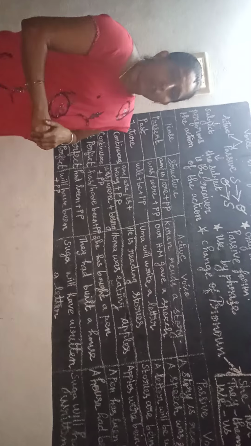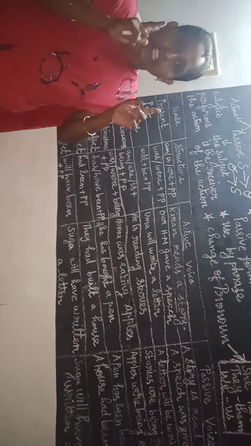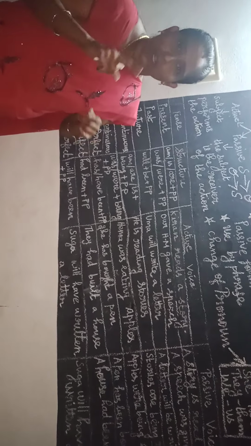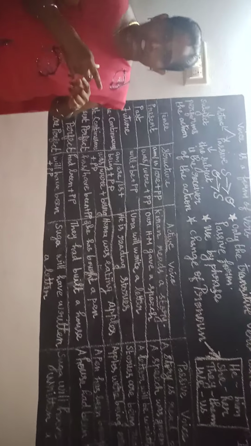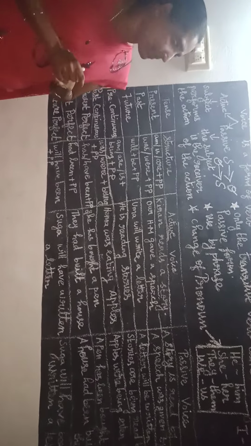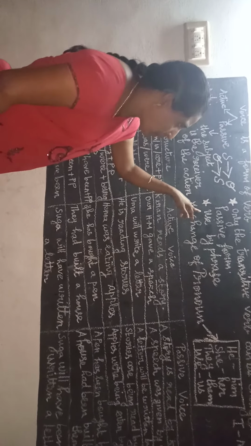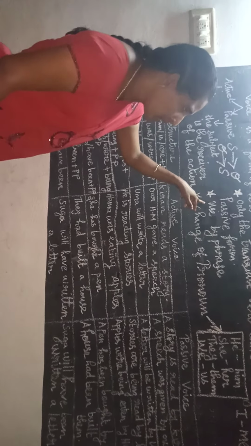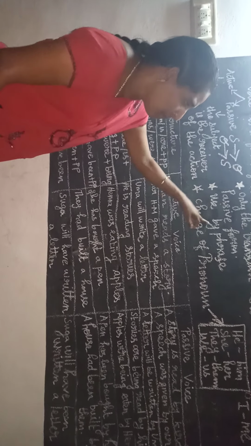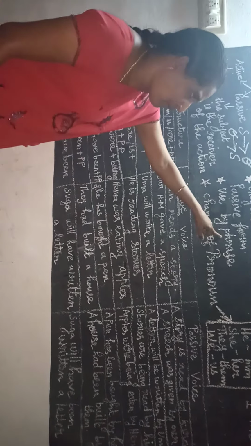Also, there should be no change in the tense while changing the active voice into passive voice. After changing it, the past participle should be used, and we use the by phrase in passive form.